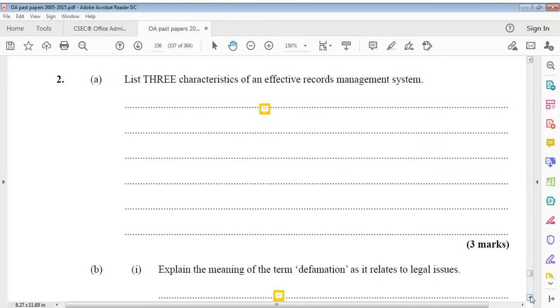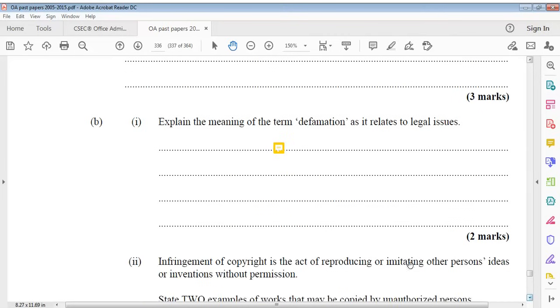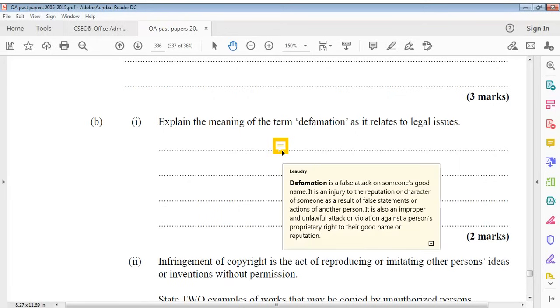Okay. So let's go on to question number 2B. Explain the meaning of the term defamation as it relates to legal issues. And you're going to get 2 marks. So what is defamation? Here we have it. Defamation is a false attack on someone's good name. It is an injury to the reputation or character of someone as a result of false statements or actions of another person.